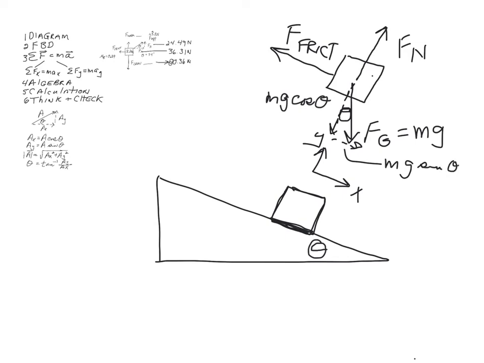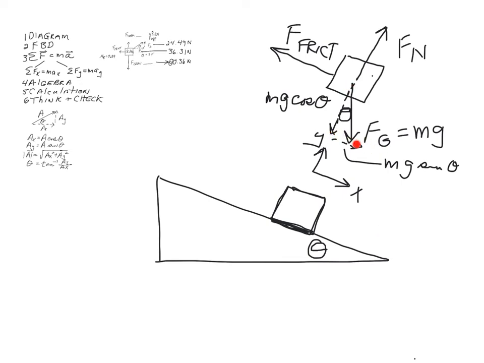And these components have physical meaning. The y component of the gravity force is what holds the block on the incline, and the x component of the gravity force is what makes it slide down.